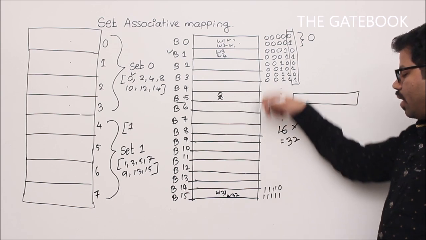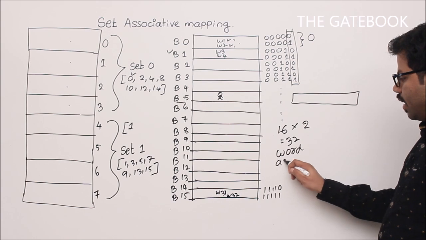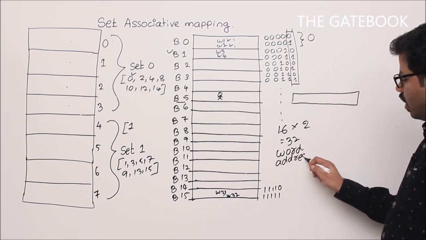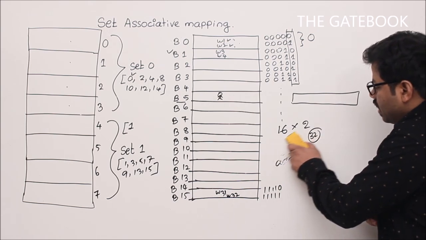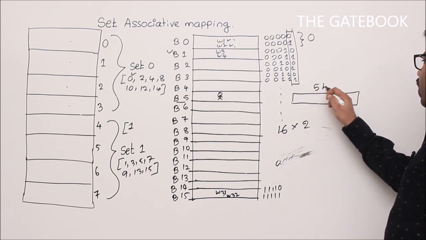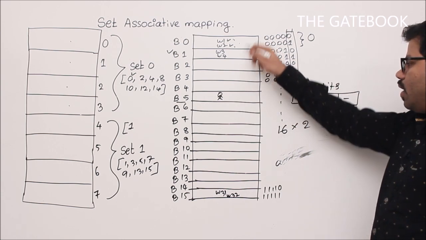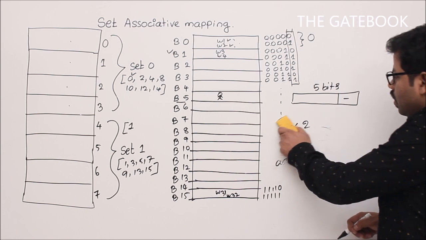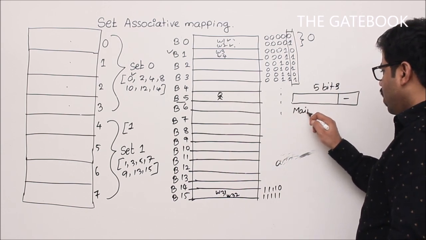Assume that your main memory is word addressable. If it is word addressable, then how many addresses are required? 32. To represent 32 addresses, how many bits are required? 5 bits. In that way, 5 bits will be decided. Now 1 bit is gone for the word offset, then the remaining 4 bits. These remaining 4 bits will tell the number of the main memory block.